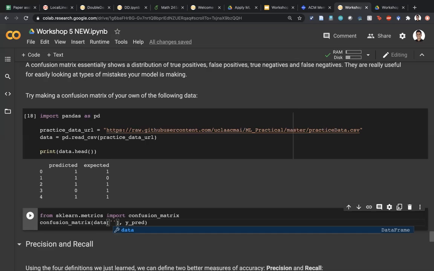So we're going to say from sklearn.metrics import confusion_matrix, and then print out the confusion matrix of the data expected versus the data predicted. And Varun's just putting that in there.